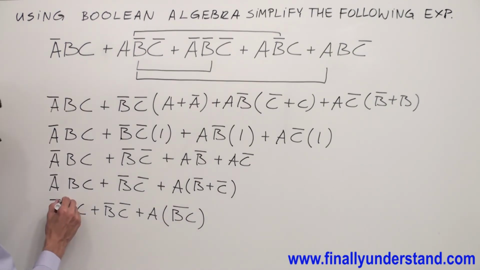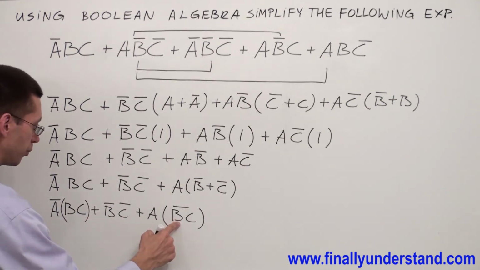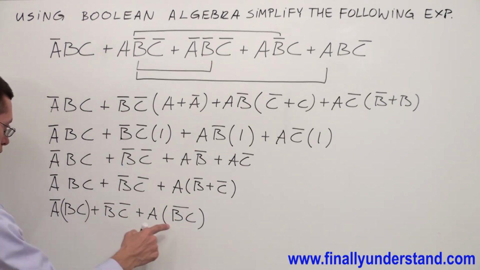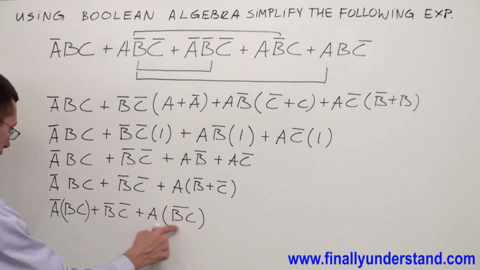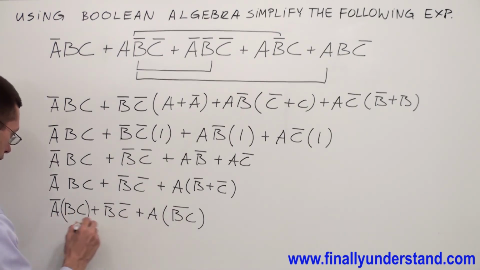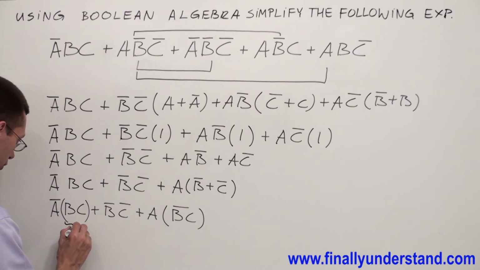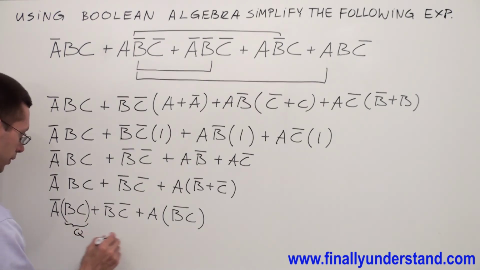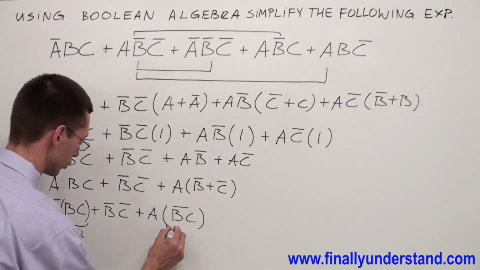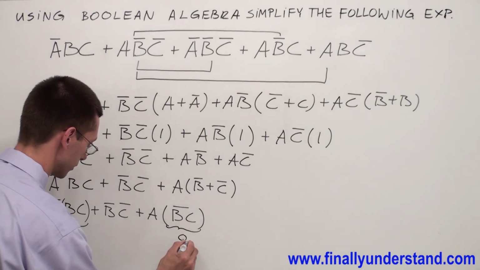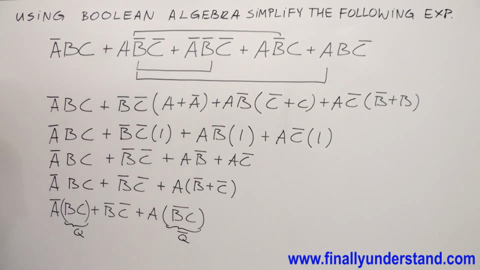We have BC and we got BC naught. So these are the complements, and we have also complements over here. So I'm going to call this Q, and this one I'm going to call Q naught, because they are complements, just to make it looking a little bit simple.